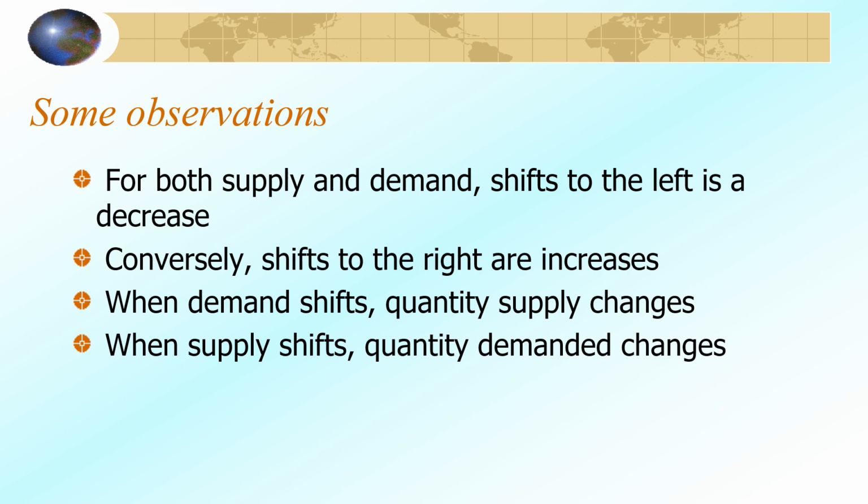So the shift is going to be the first mover, and then the movement along or the quantity changes is going to be the secondary mover. And that's because both buyers and sellers will react to each other. But in these scenarios that we're about to do, we need to first identify who the primary mover is. And that will be half of the battle of getting these questions right.